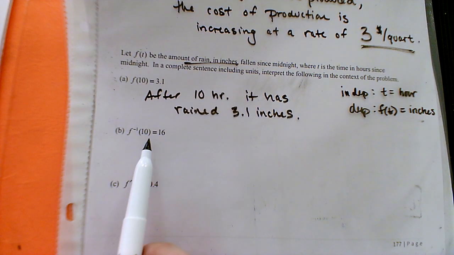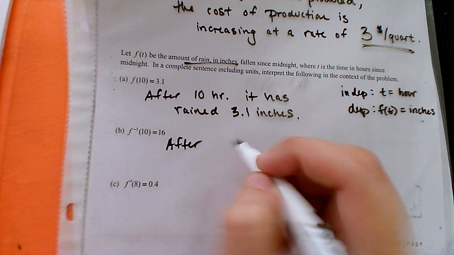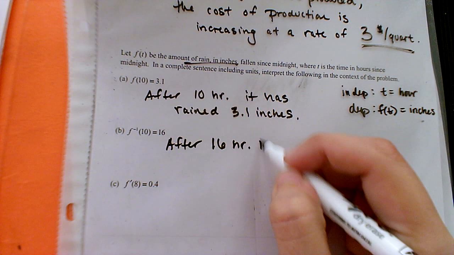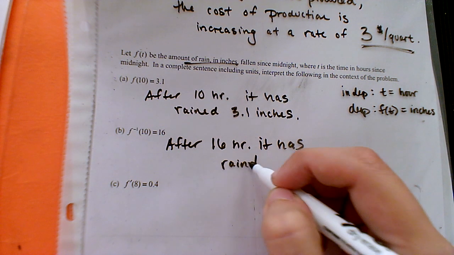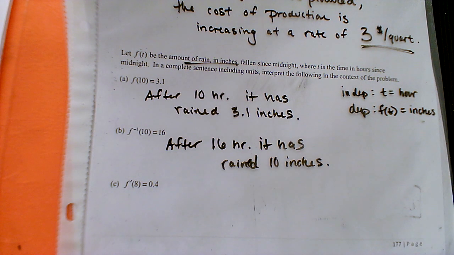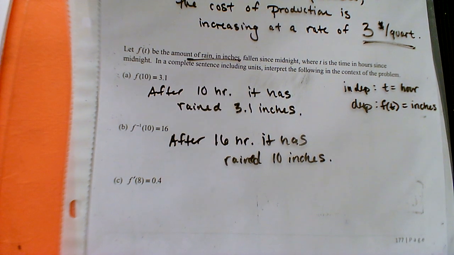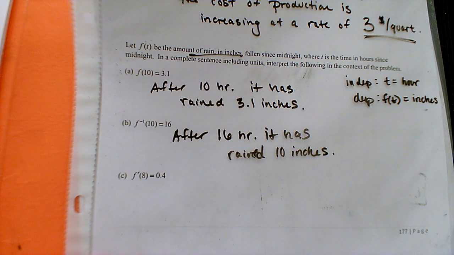So the X and the Y switch. After 16 hours, it has rained 10 inches. Right, inverse, switching X's and Y's, we're going to take a look at that in a few sections.